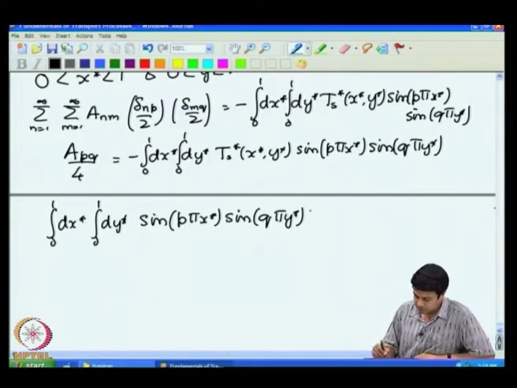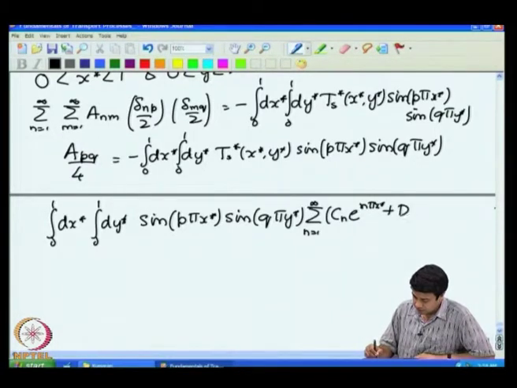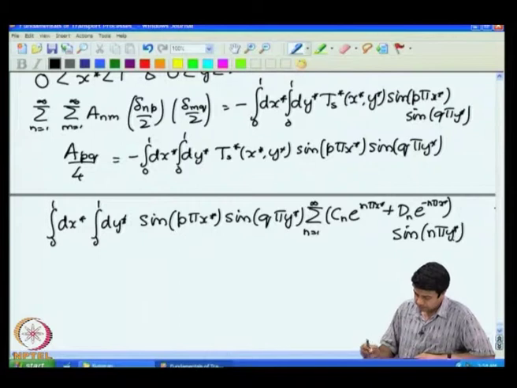If you recall, the temperature solution was summation n equal to 1 to infinity of Cn e power n pi x plus dn e power minus n pi x, times sine of n pi y.